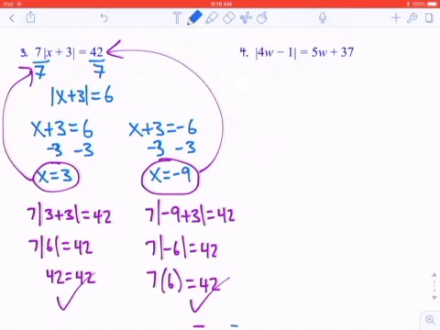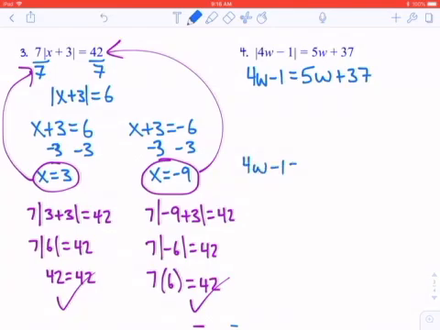So let's see, we have the absolute value of 4w minus 1 equals 5w plus 47. So the absolute value symbol is by itself. So we'll solve one equation that kind of looks like what we're given. Our second equation, we need to change the signs of what is on the right side.